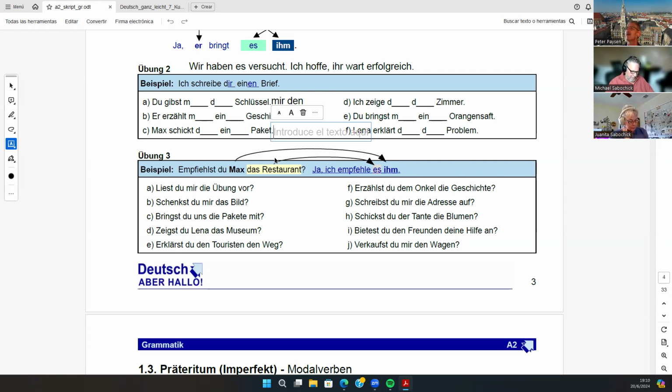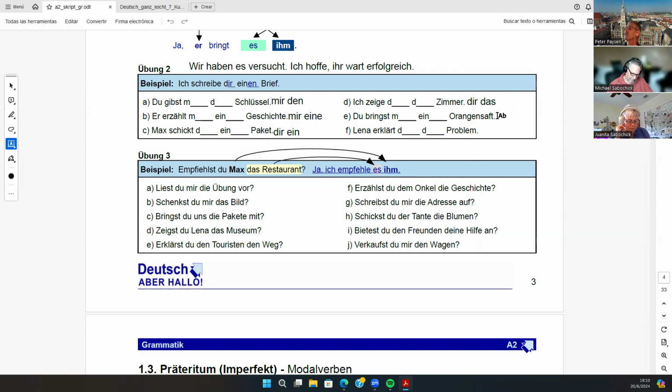Max schickt dir ein Paket. Okay. Ich zeige dir das Zimmer. Ich zeige dir das Zimmer. Das.